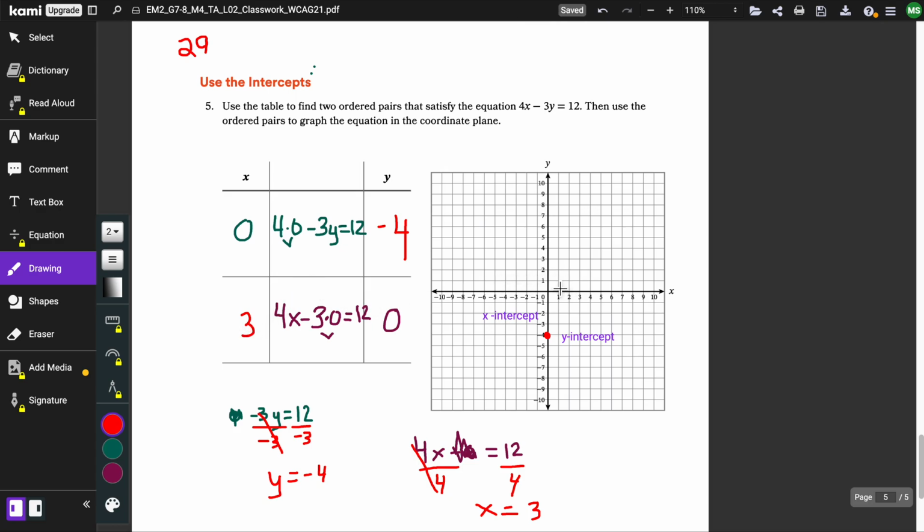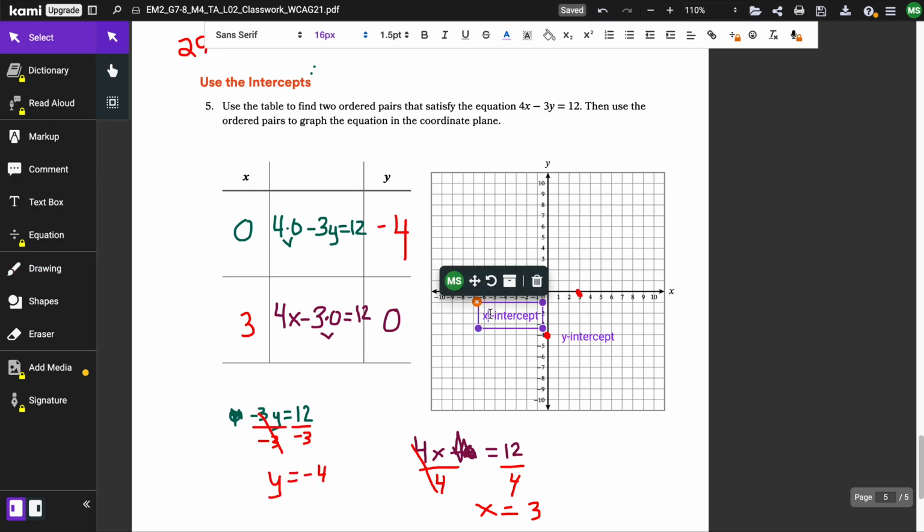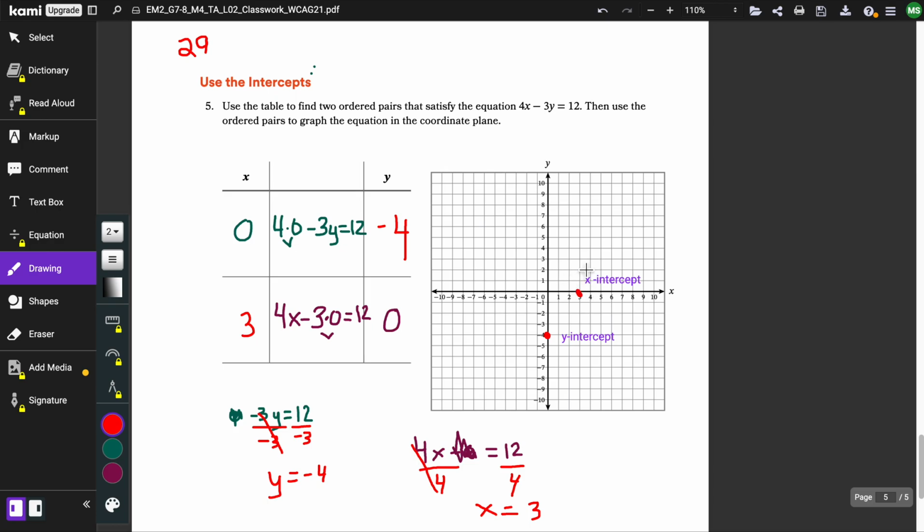So let's go ahead and put that on the graph. This time I'm going over 3, but up 0, and that point, over 3 up 0, is my x-intercept. So let me actually just put those points in.